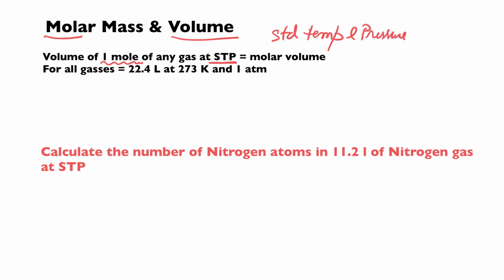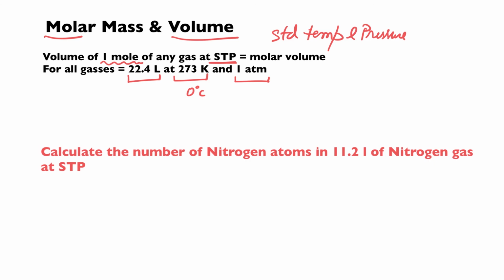So what's the standard temperature? That is 273 Kelvin, that is 0 degrees Celsius. And what's the standard pressure? That's 1 atmospheric pressure. So as it happens, the volume of any gas at STP equals 22.4 liters, right? Based on this information, again we can have a lot of calculations and problems.